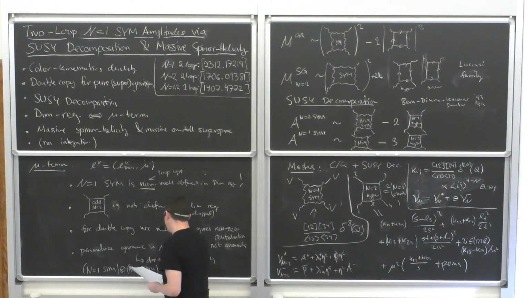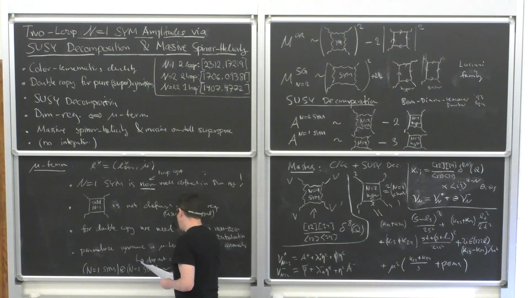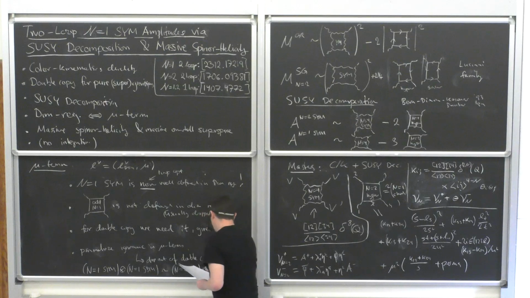That's one way, but it turns out that this is essentially the same thing as taking n equals 2 super Yang-Mills and double copy that with pure Yang-Mills.